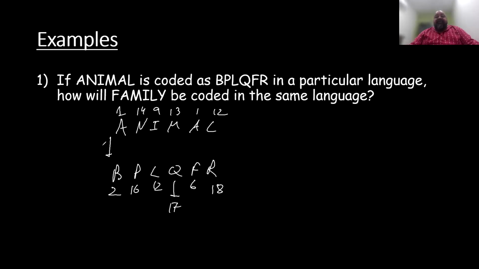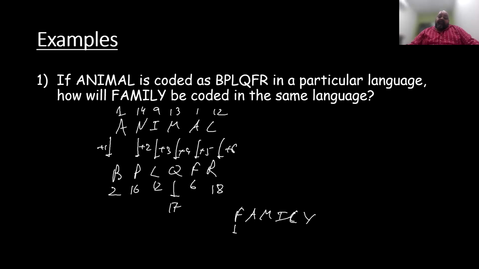So if I compare, it is plus 1, plus 2, plus 3, plus 4, plus 5, and plus 6. And therefore, for every alphabet, there is an increasing gap. So if you look at FAMILY, F is 6, A is 1, M is 13, I is 9, L is 12, Y is 25. Plus 1 becomes 7, plus 2 becomes 3, and so on.